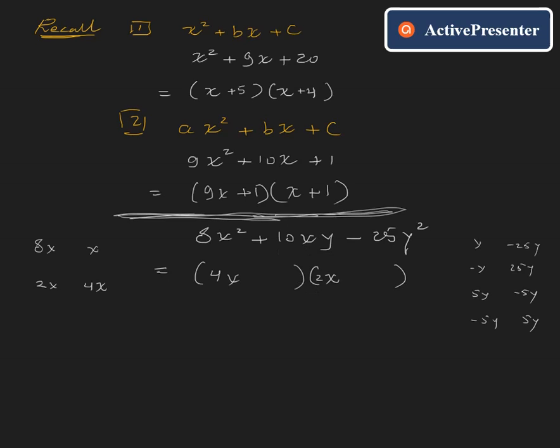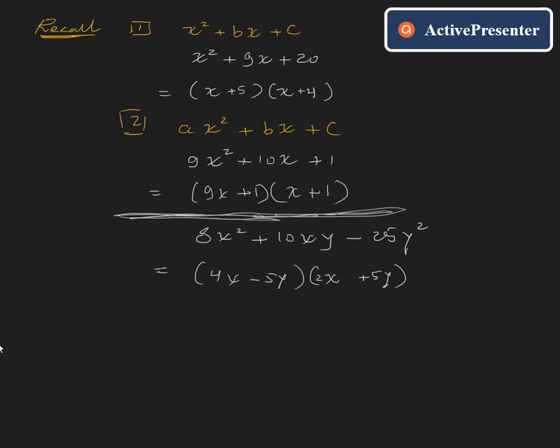Eventually you will find the answer using the trial method. Of course, we want this number to be as positive as it could be, so we will put here plus 5y, and here we will put minus 5y. If you multiply these numbers together, you will get minus 25y squared.